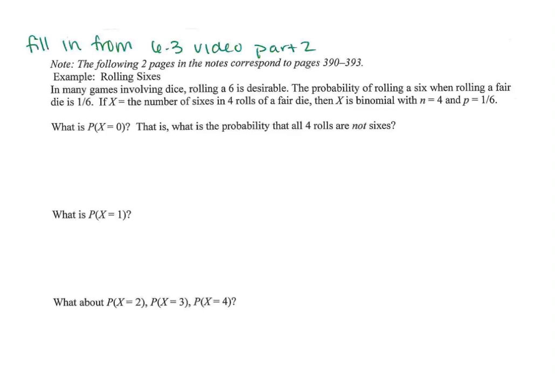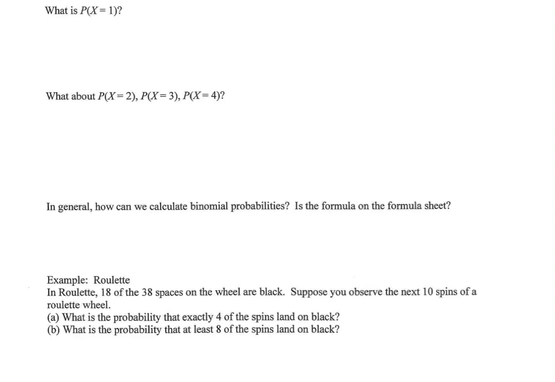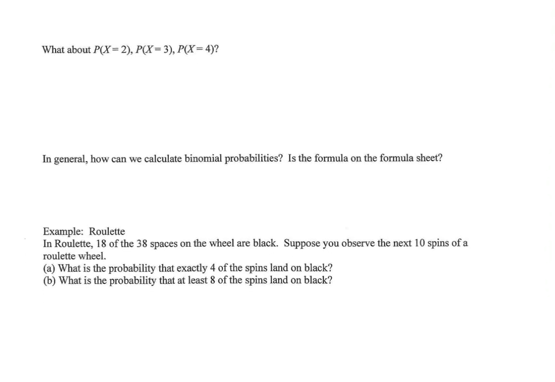So we're going to review the formula that you learned in the last video. And we're going to scroll down to the "in general, how can we calculate" part. Because we learned that the formula on the formula sheet is n choose k times the probability of success to the k power times the probability of failure to the n minus k.